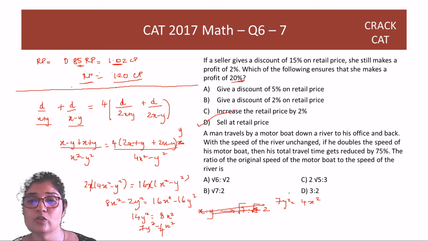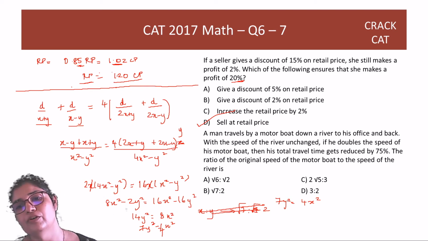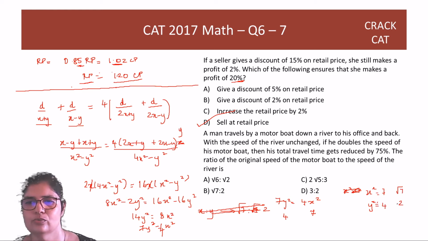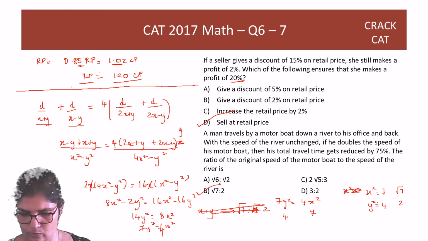So for this to be equal, the smallest value for y square is 4 and the smallest value for x square is 7, right? Then you will get 4 into 7 is equal to 7 into 4. So if x square is equal to 7 and y square is equal to 4, then x and y will be in the ratio root 7 and 2, which is your second option, right? Root 7 is to 2.